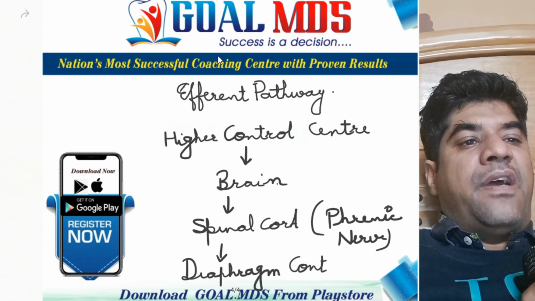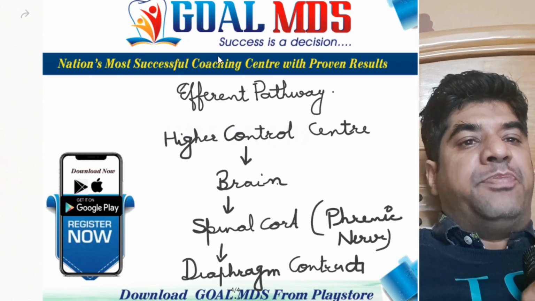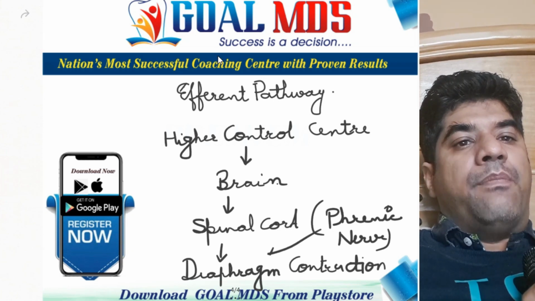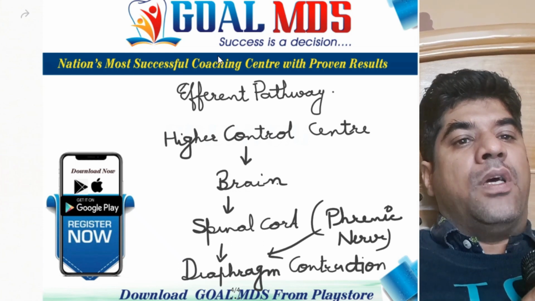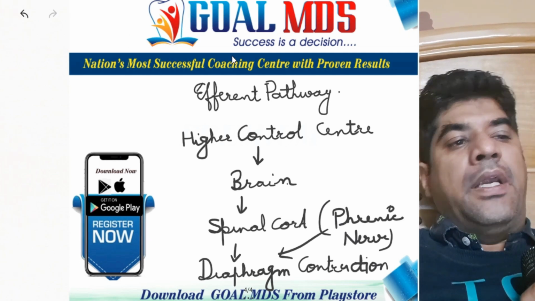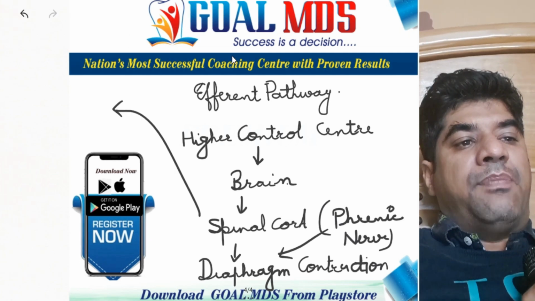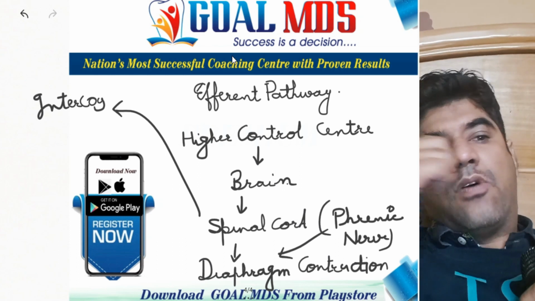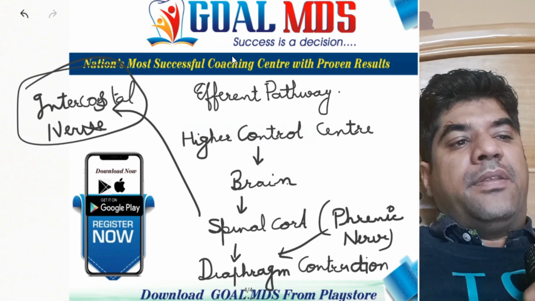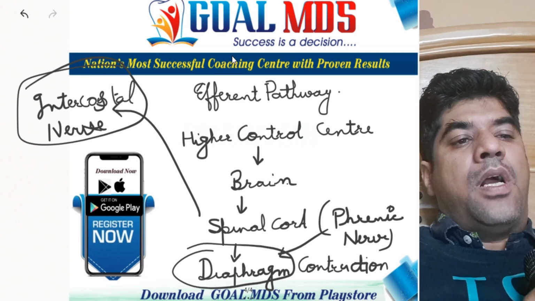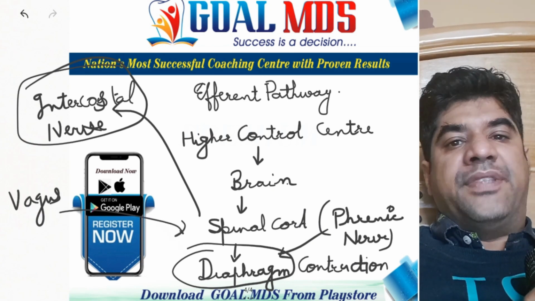The phrenic nerve fibers supply the diaphragm and cause its contraction, resulting in expansion of the chest wall and lungs. The other is the intercostal nerve fibers that supply the external intercostal muscles. Also remember, the vagus nerve also contains some efferent fibers from the respiratory centers.